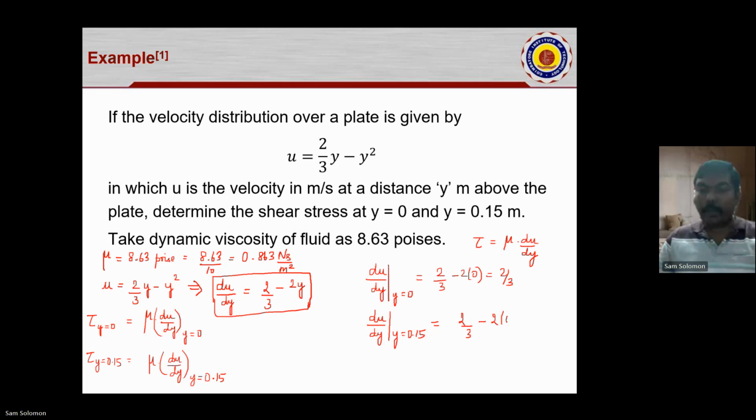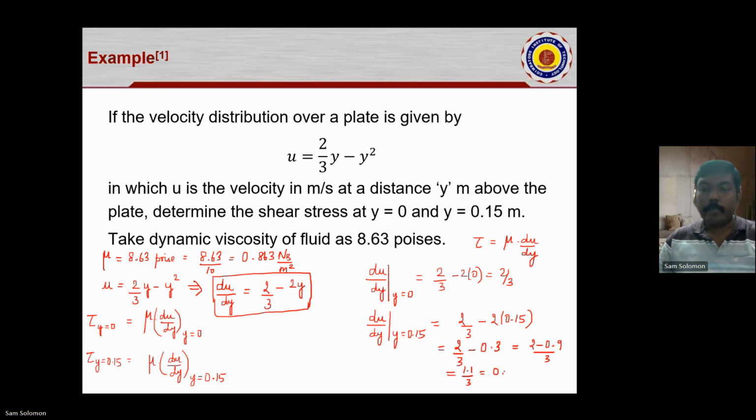2 into 0.15, that's going to be 15 into 2 is 30. So that is going to be 0.3, or 2 minus 0.9 divided by 3, that is 1.1 divided by 3.